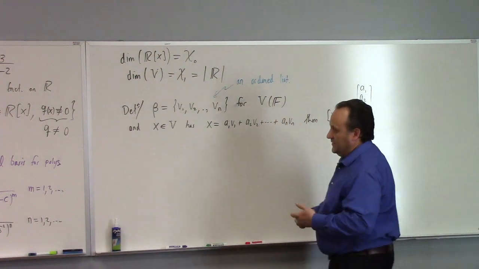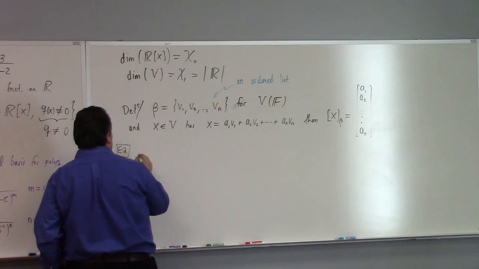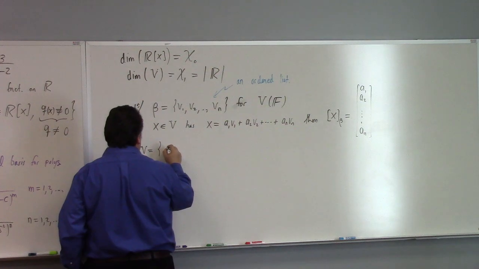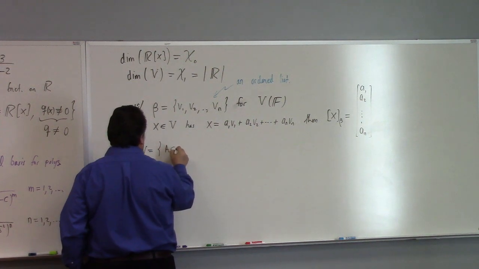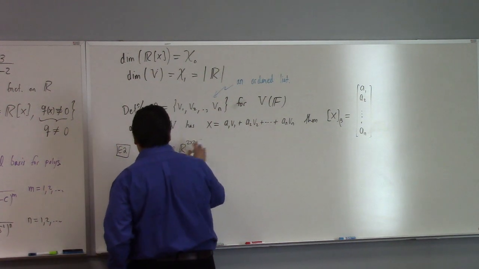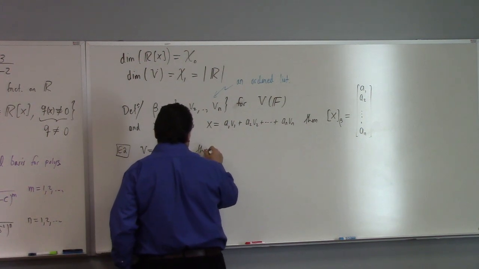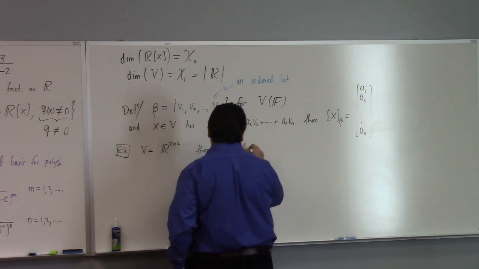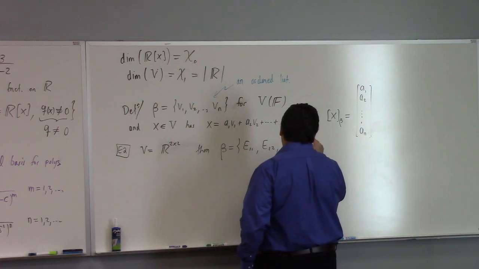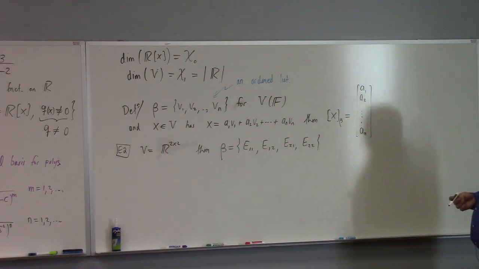So here, let me give you an example. Say V is the 2 by 2 matrices. Then we could say beta is E11, E12, E21, E22. That's the usual choice of basis.